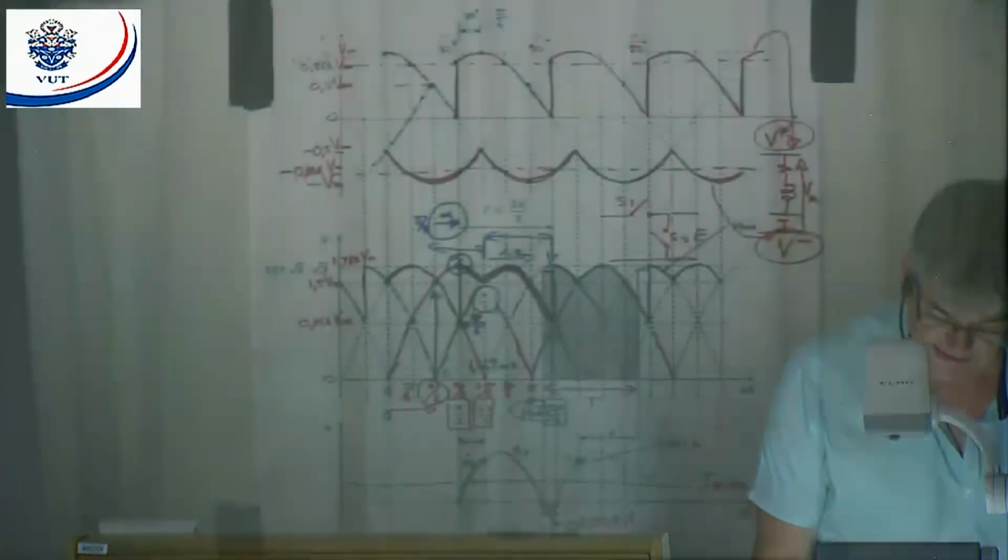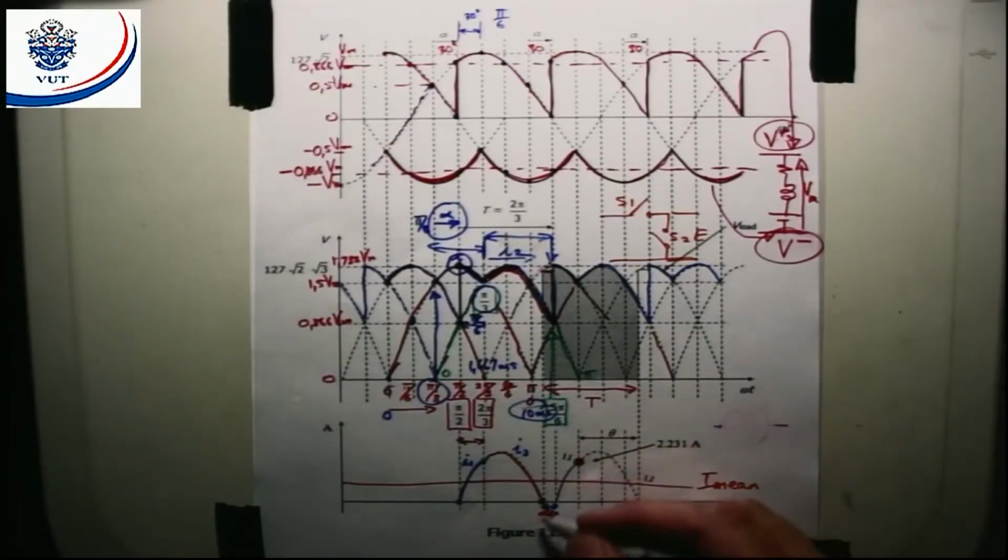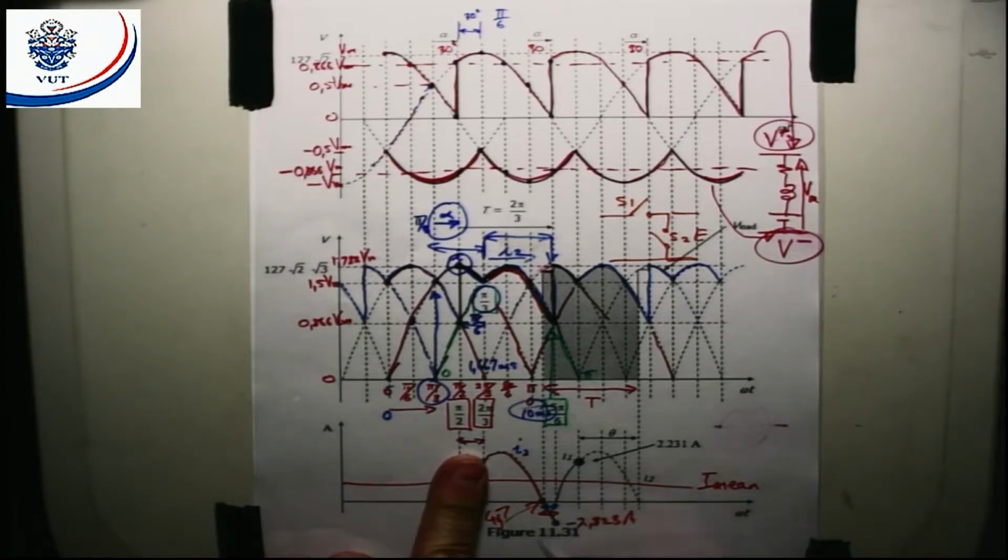So we must find out, where does this current go through 0? You can either use Newton-Raphson or you can use iterations. I used iterations and I found it to be 4,7 milliseconds. So after 4,7 milliseconds from this point, that current goes through 0.